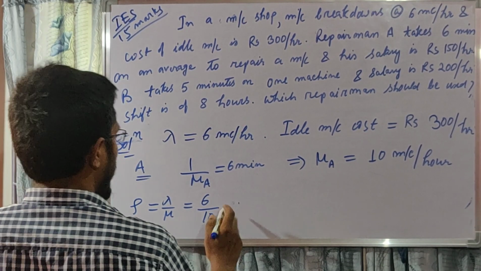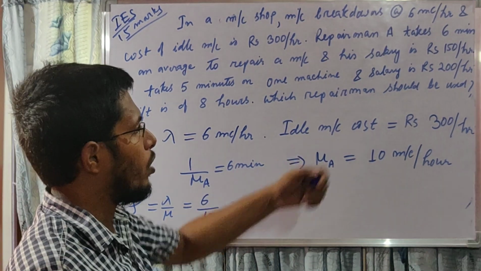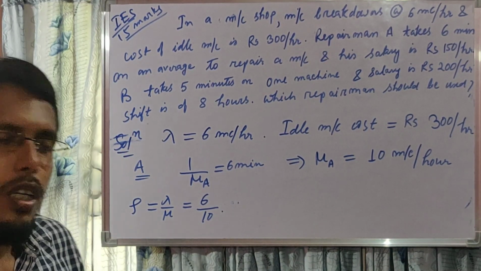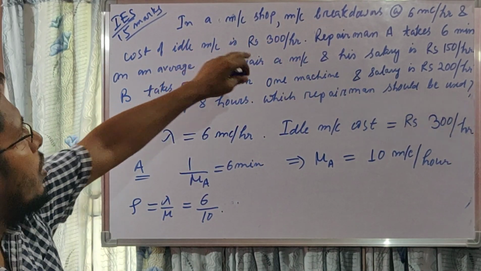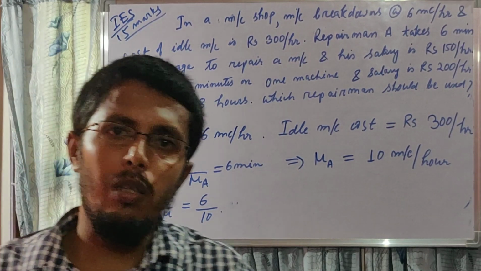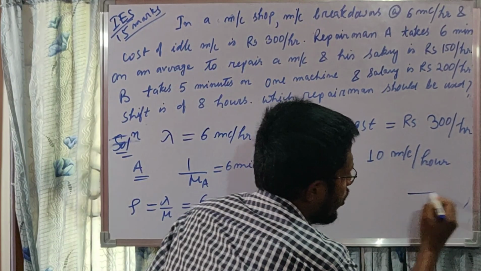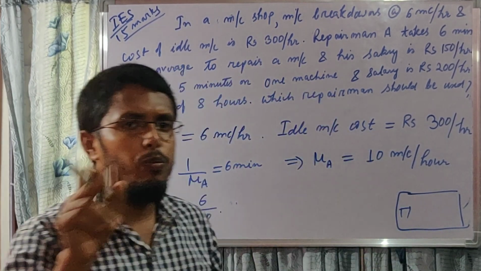Now each idle machine will cost rupees 300. Machines are entering the repairman shop. When a machine is in the repairman shop, it cannot provide service.